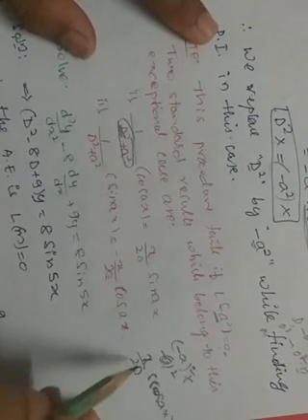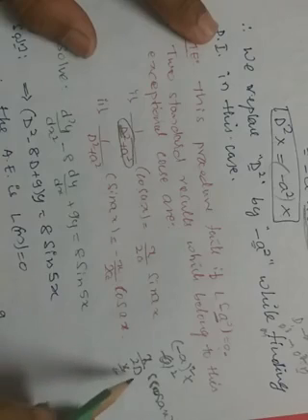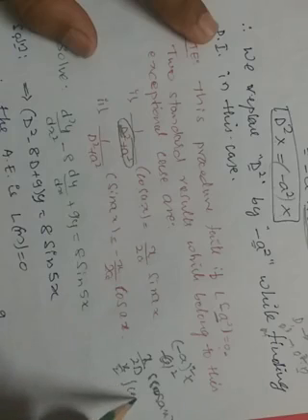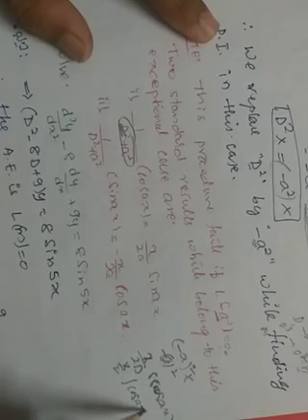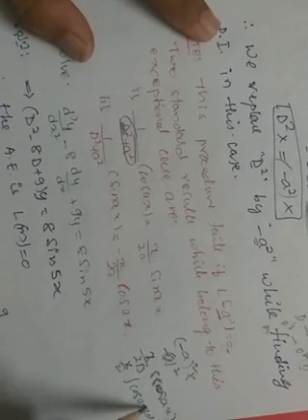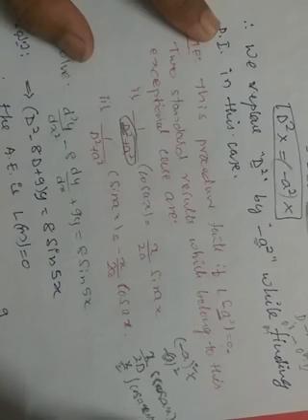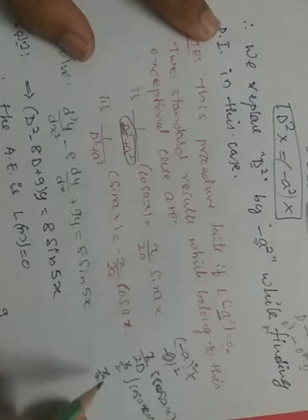Now x by 2 is held constant. What is 1 divided by d? 1 divided by d is integration, the inverse differential operator, so integration of cos ax dx. Now x by 2 is as it is. What is the integration of cos ax?